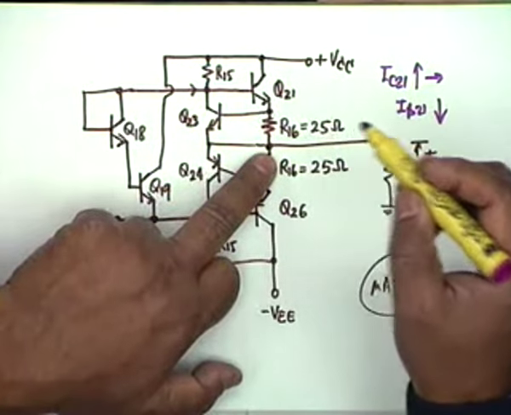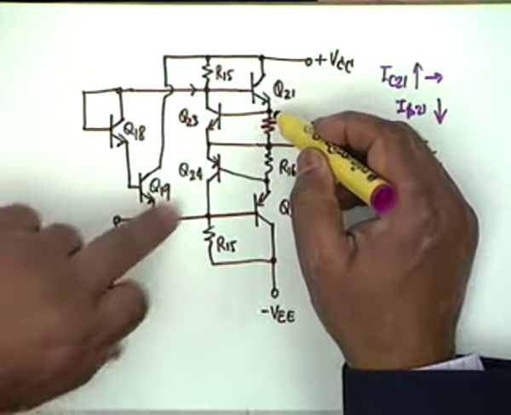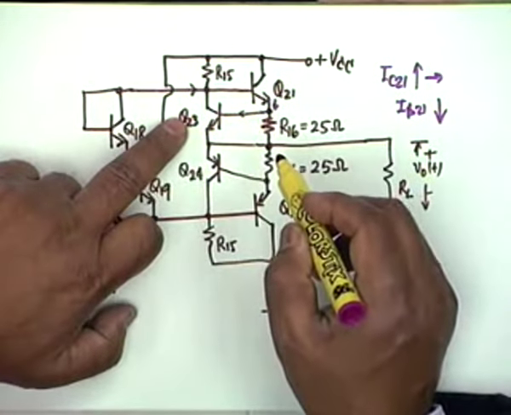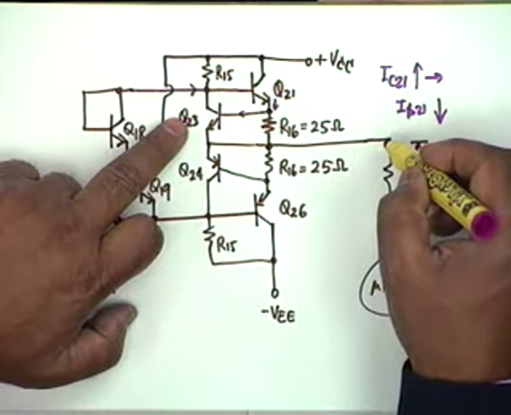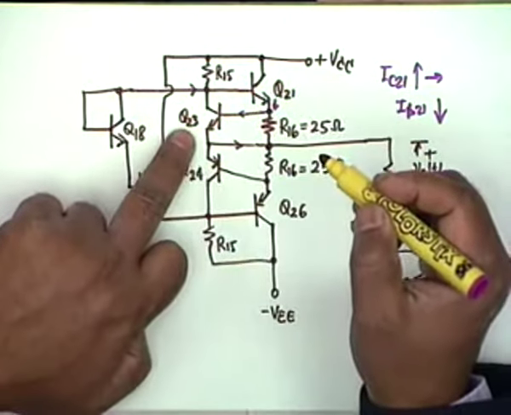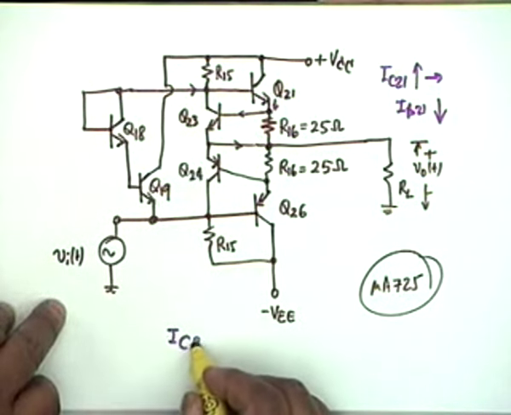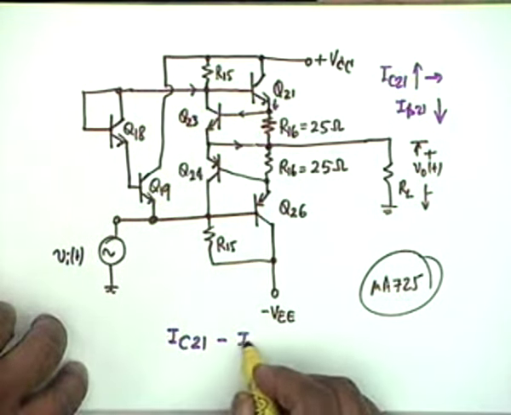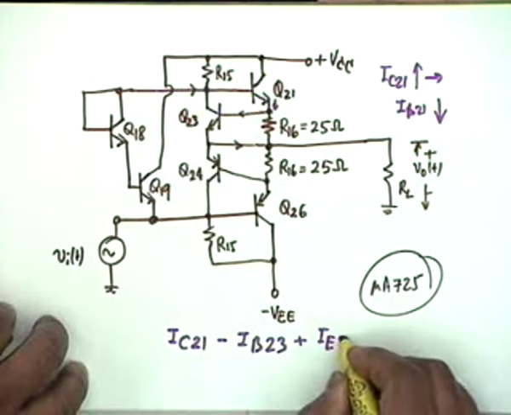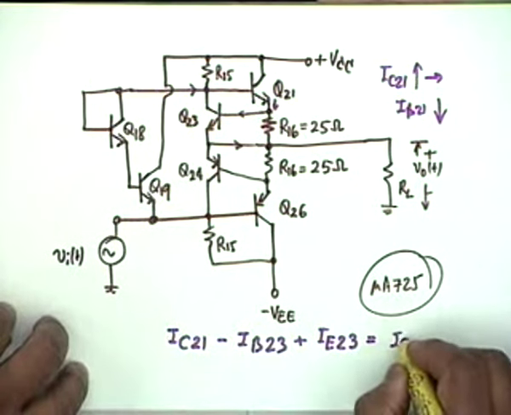Therefore, if you write the current equation at this junction, IC21 minus IB23 should be equal to the load current. No, there is another current here, IE23. So if I write the equation, IC21 minus IB23 plus IE23 should be equal to IL. Agree?